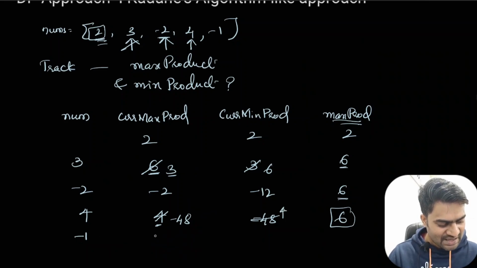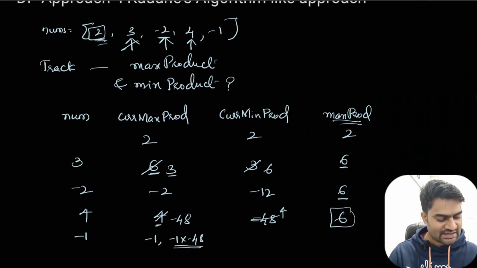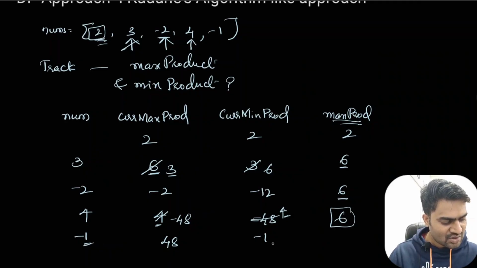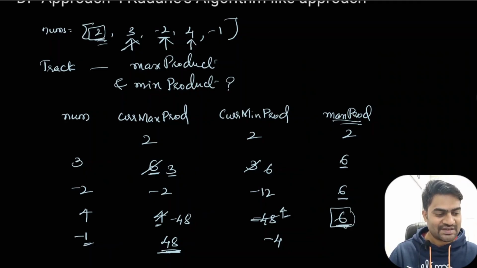Now I will compare minus 1 and minus 1 into minus 48. Minus 1 into minus 48 becomes 48. Out of minus 1 and 48, 48 is maximum. So I will take 48 as my current max product. Then for the minimum, I compare the current number minus 1 comma 4 into minus 1, which is minus 4. So minus 4 is minimum, and I will take minus 4 here. Now our 48 is more than our 6.